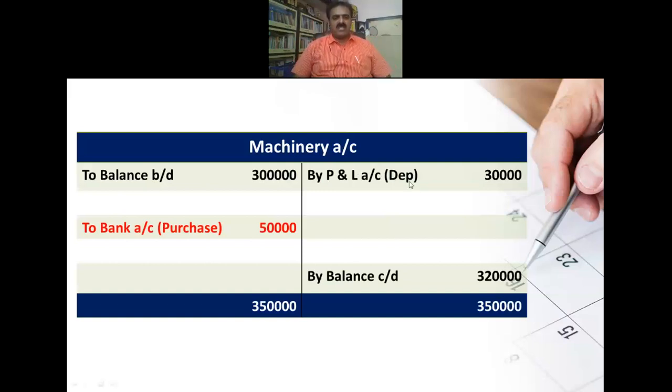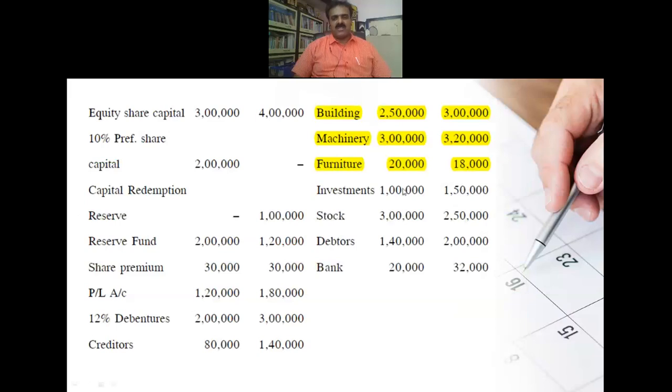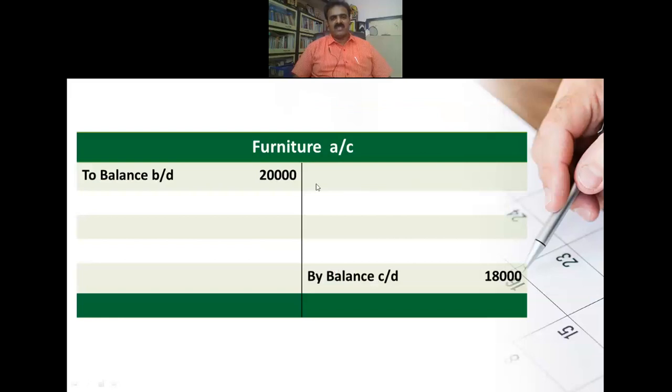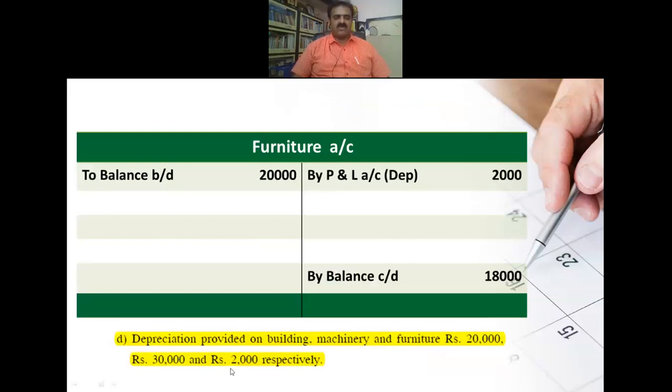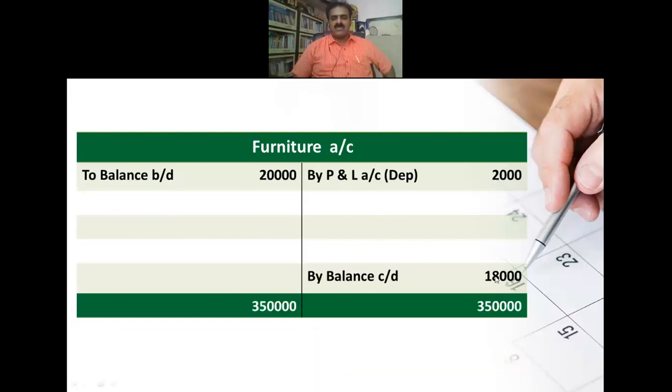Similarly, one more account is called furniture, the last one, where the opening balance is 20,000 and the closing balance is 18,000 rupees, and the depreciation is just 2,000 rupees. That is by P&L account, 2,000 rupees. That is recorded on the credit side of the furniture account, and comes to the total.